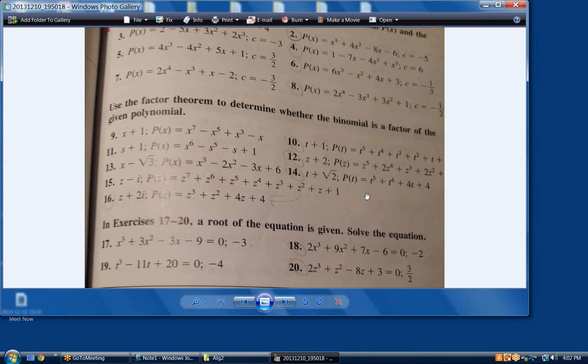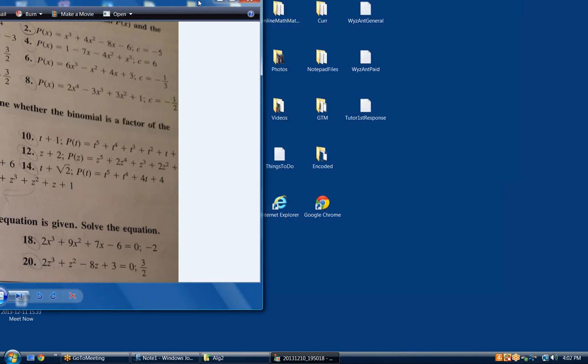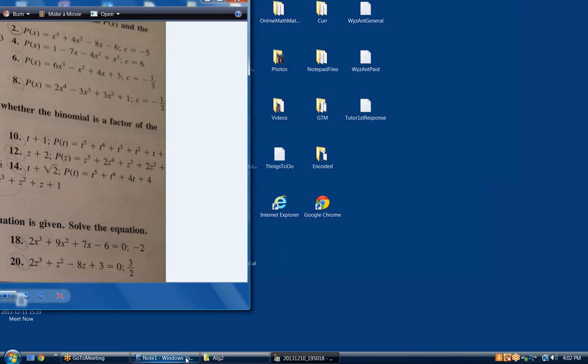So 14, use the factor theorem to determine whether the binomial is a factor of the given polynomial. So they're asking if t plus root 2 is a factor of that. All right.